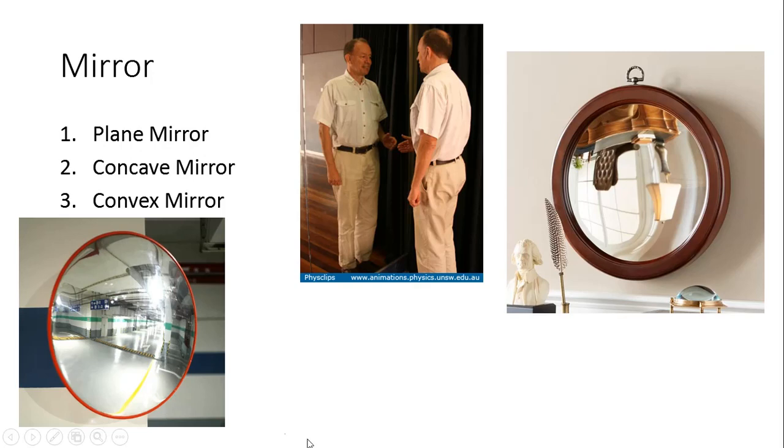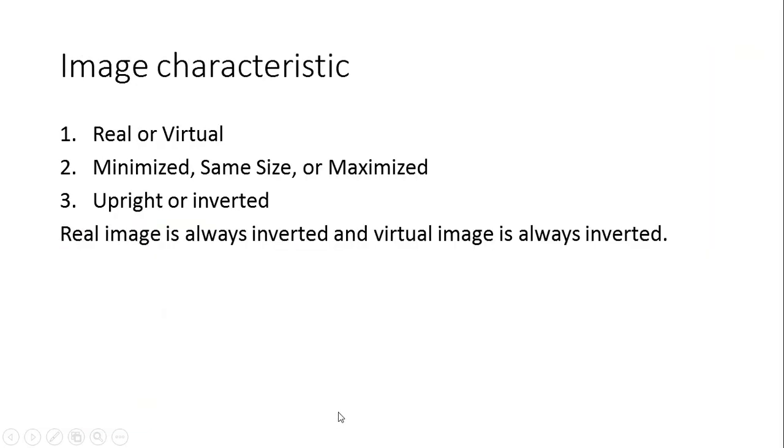And each mirror reflection has three properties depending on the position of the object in front of the mirror. So the first one is real or virtual. So you can only choose one, and it is not possible for both to occur together. So what does it mean? Okay, I'll explain later after we reach the third property.